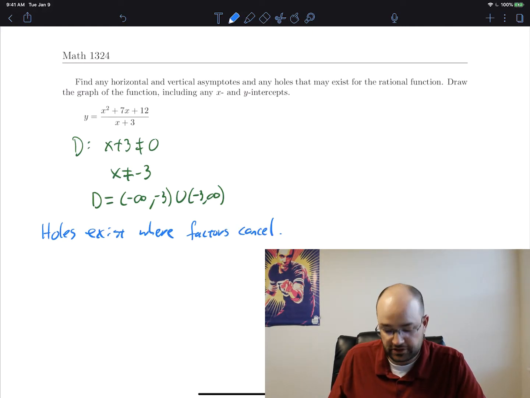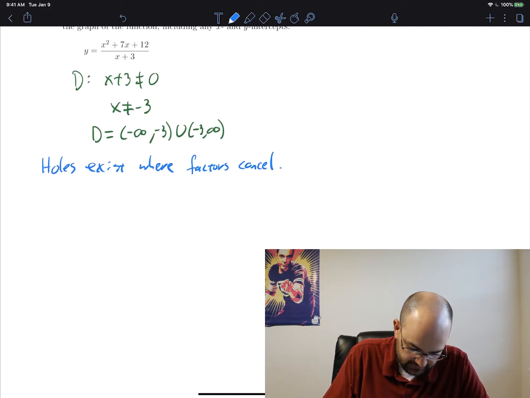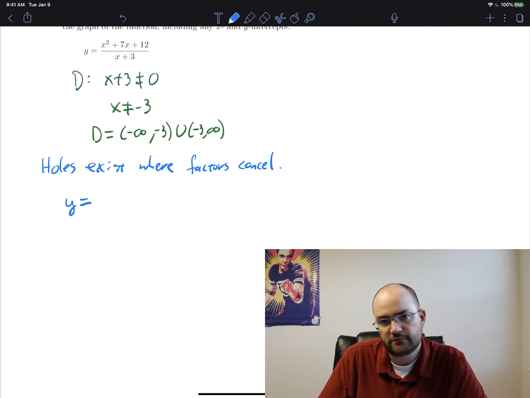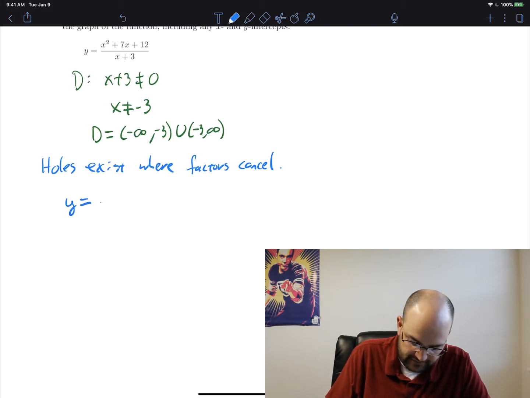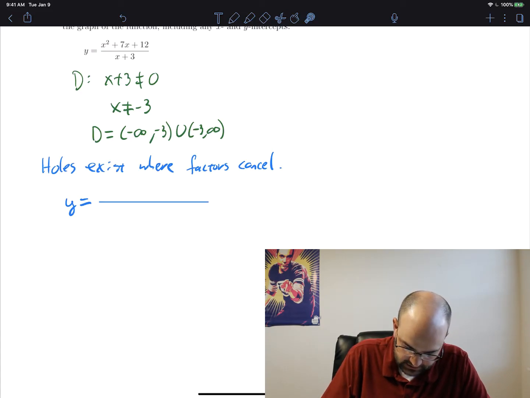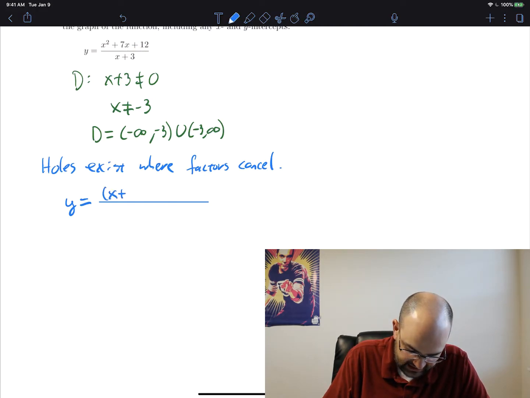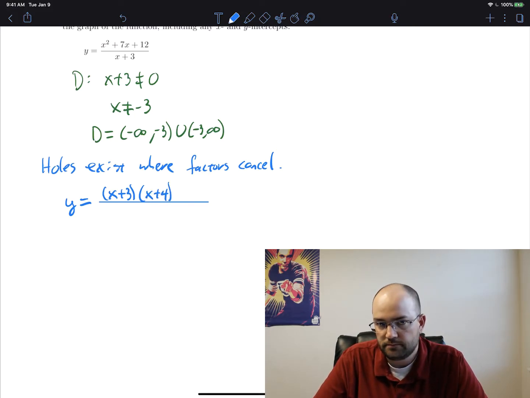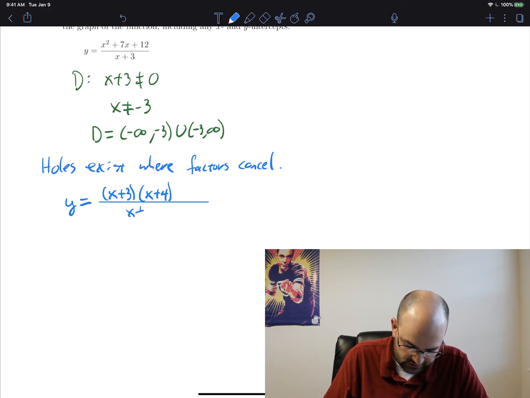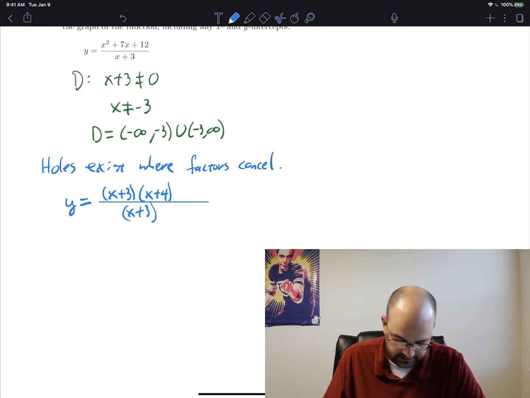So let's write the function in factored form in both the numerator and denominator. The numerator is x squared plus 7x plus 12. The factorization is x plus 3, x plus 4. The denominator is x plus 3, so it just remains as x plus 3.